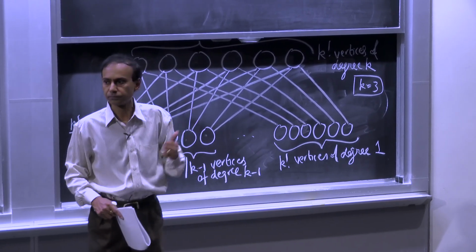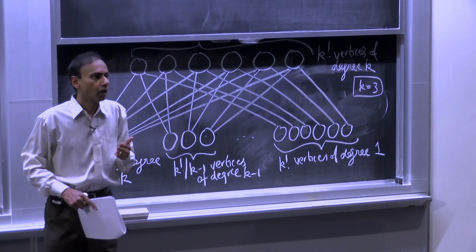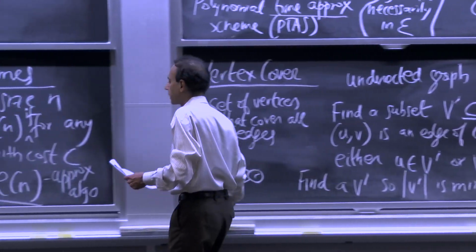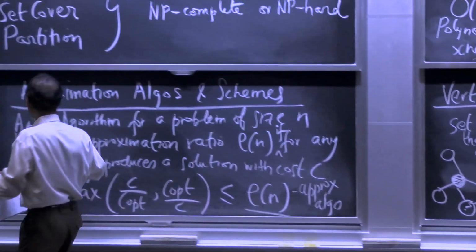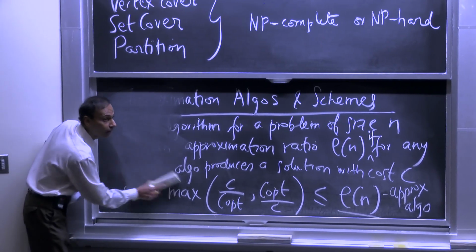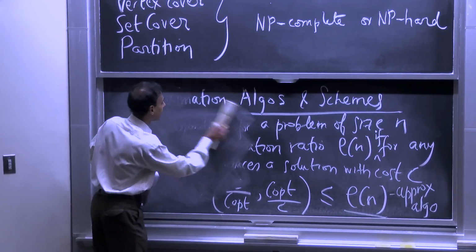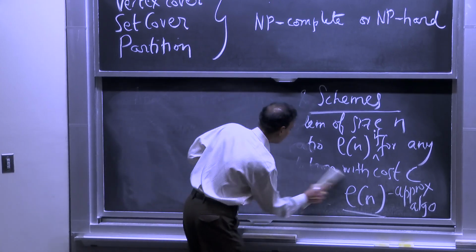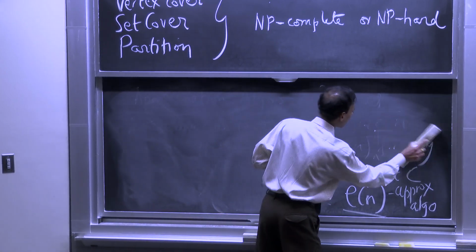Any questions? All right, so what's another heuristic for doing vertex cover? We did this picking the maximum degree, nice and simple, but it didn't quite work out for us.